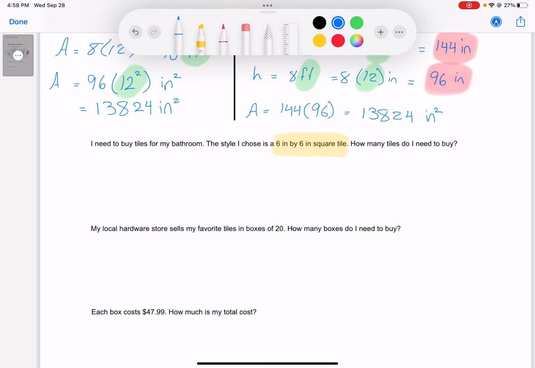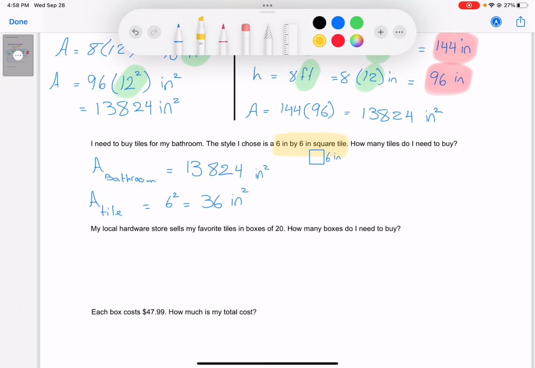So the area, let me write the area of the bathroom right here. The area of my bathroom is 13,824 square inches. The area of my tile, now my tile is a square that has a side length of 6 inches. So its area would be S squared, 6 squared, which is 36 square inches.